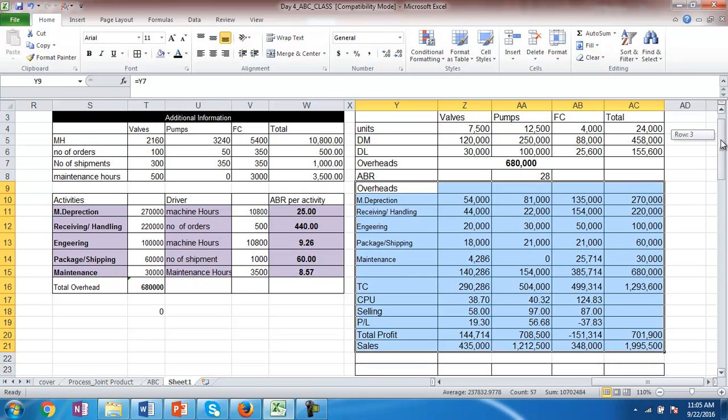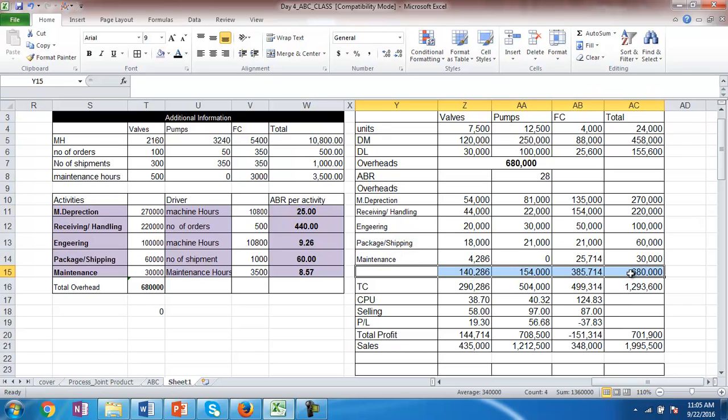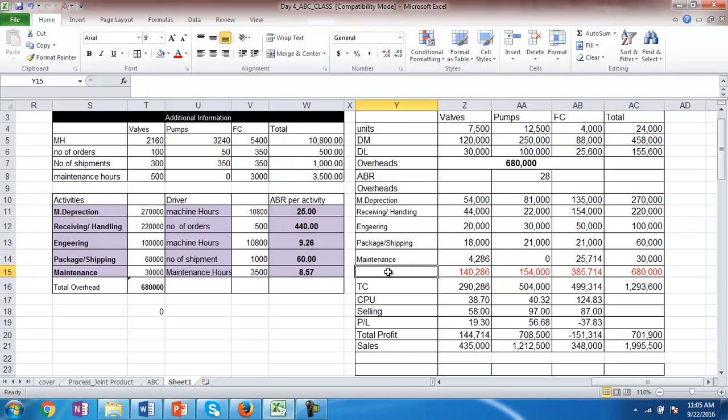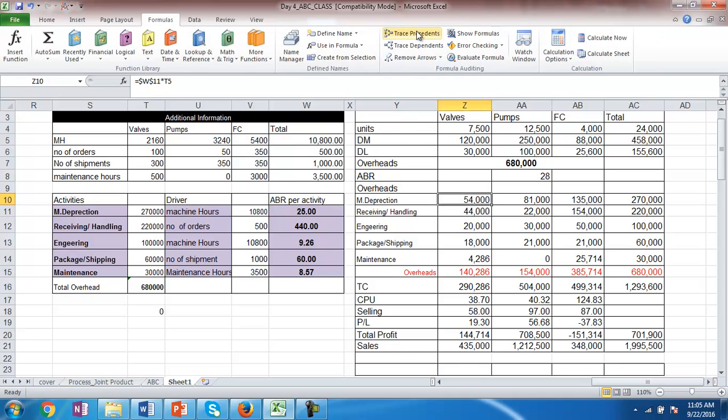So unlike the previous case, we are going to allocate the overheads not by single absorption rate, not by double absorption rate, but we bring in the richness of activity based rate, and each overhead is charged by using the activity based absorption rates.